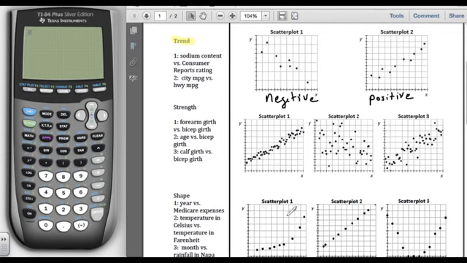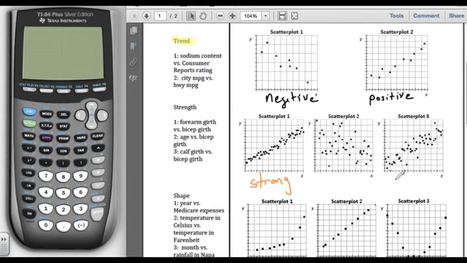When your dots are very tightly clustered together in a linear pattern like they are in scatter plot 1, we say it has a strong relationship, a strong correlation. But as your dots begin to scatter farther and farther vertically, up and down, it becomes moderate, and then as they scatter even further, it becomes weak.